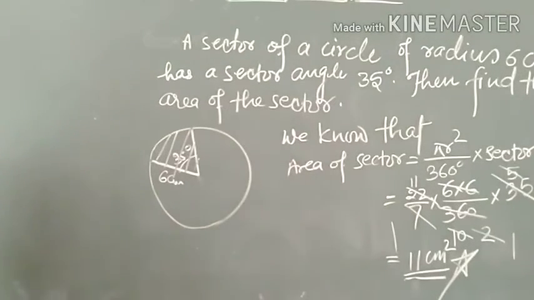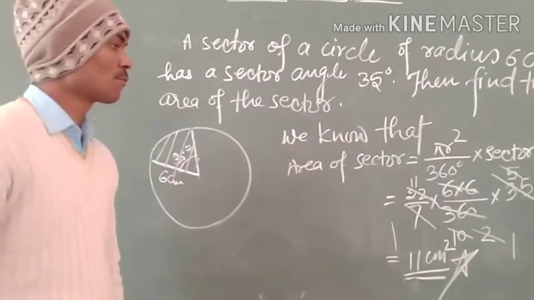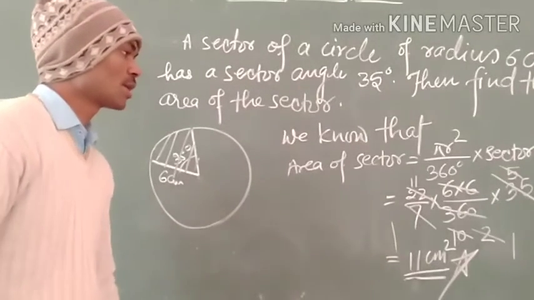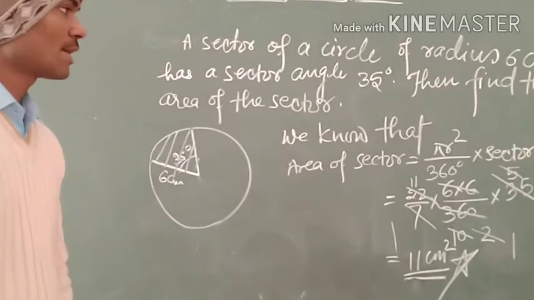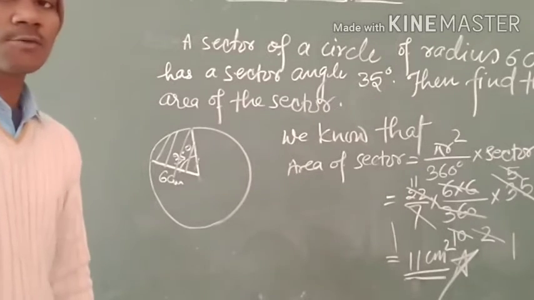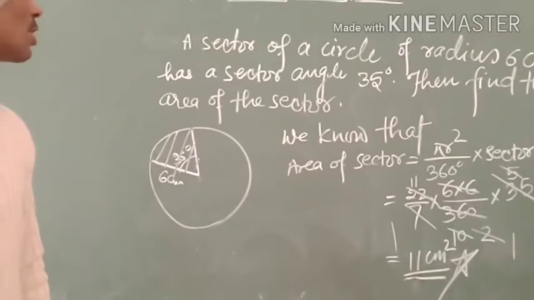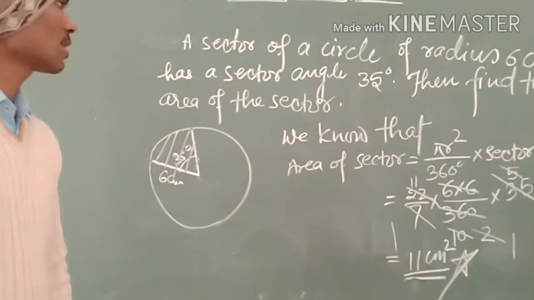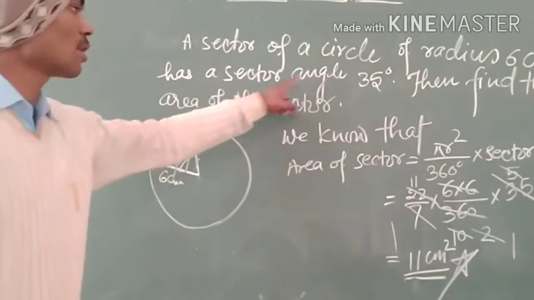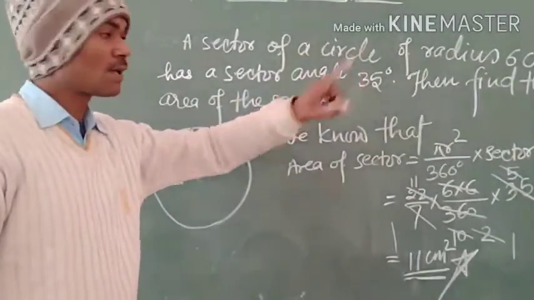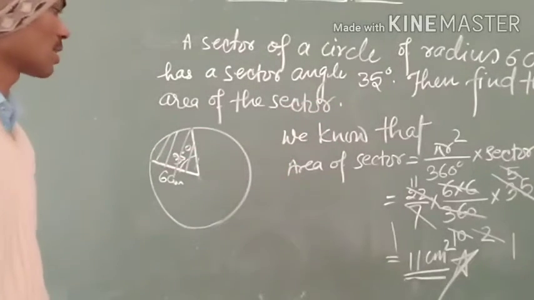So in this way we find the area of a sector by using the formula pi r square upon 360 multiplied by sector angle. Now let's see the solution once again. The given question is a sector of a circle of radius 6 centimeter has a sector angle of 35 degree. Find the area of the sector.